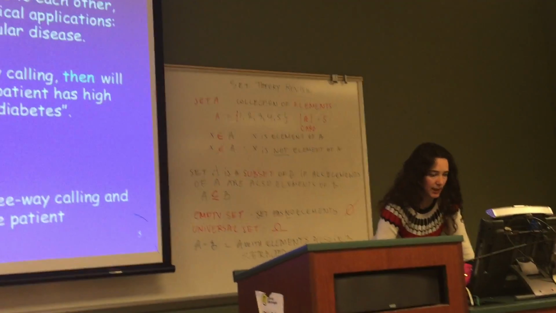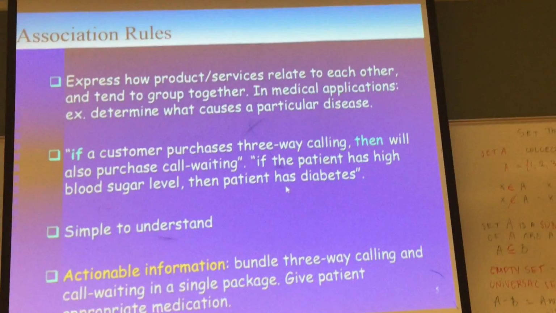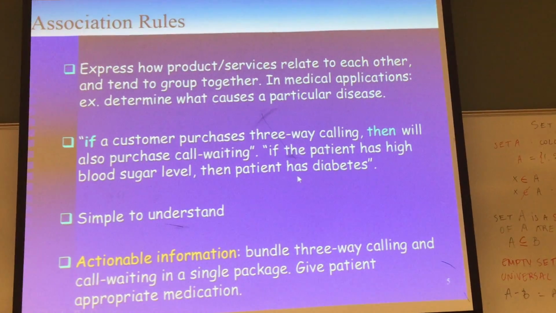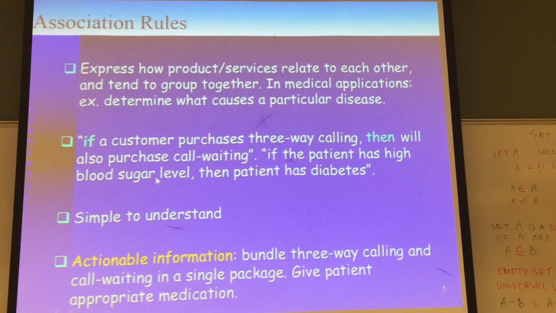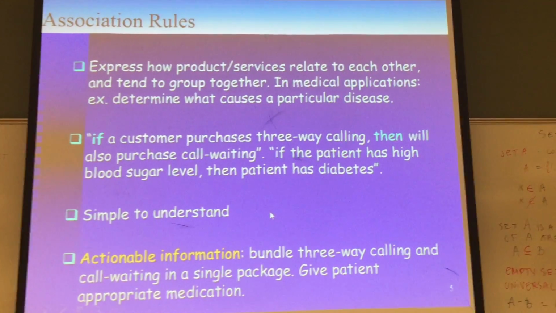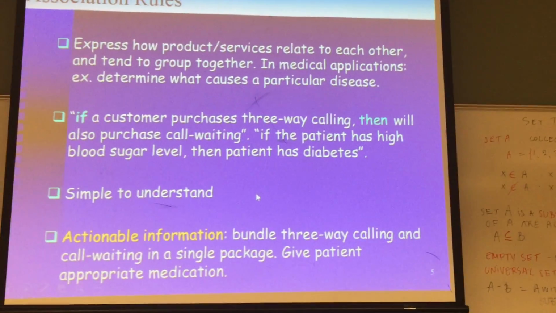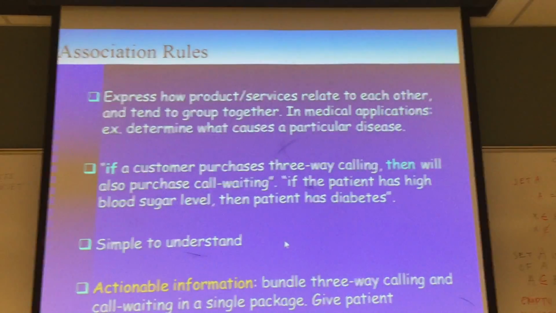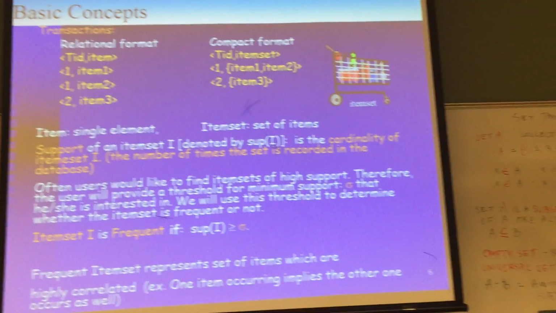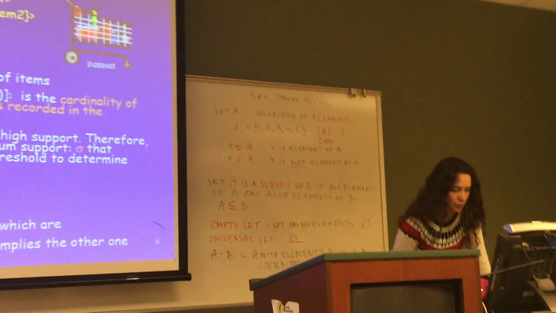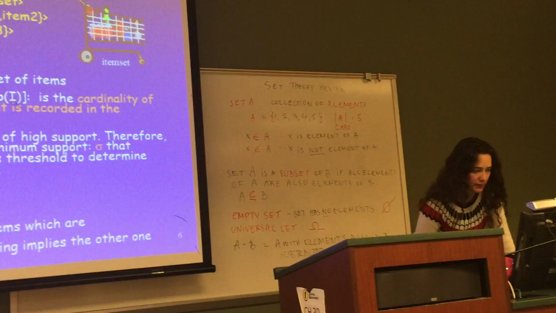Or: if the patient has a high blood sugar level, then they probably have diabetes, because most of the patients in our data set with high blood sugar have diabetes. So this could be used for extracting trends or patterns from the data and drawing conclusions that could be used to take actions to our advantage.